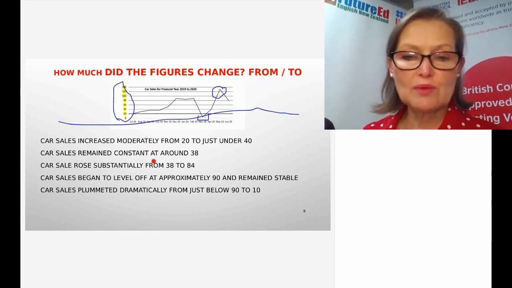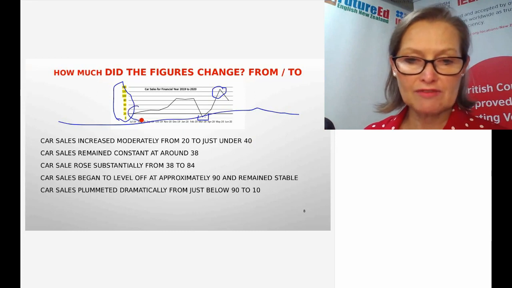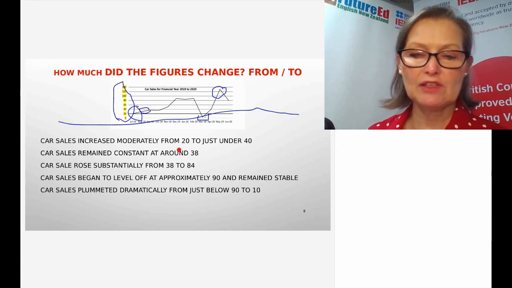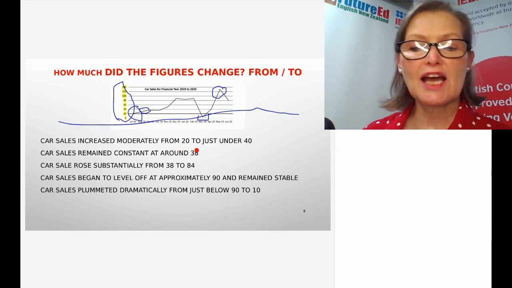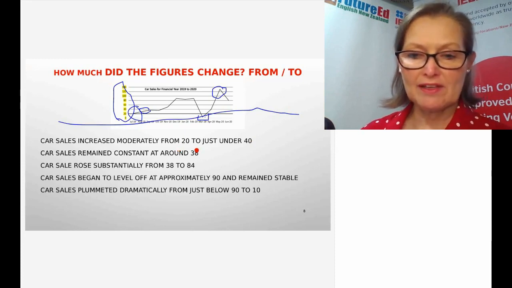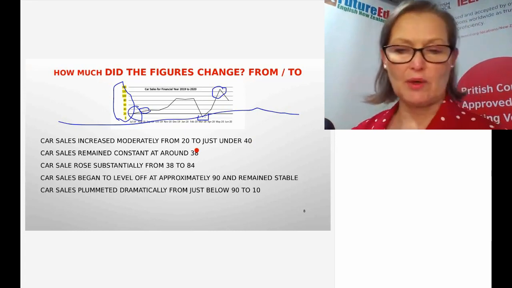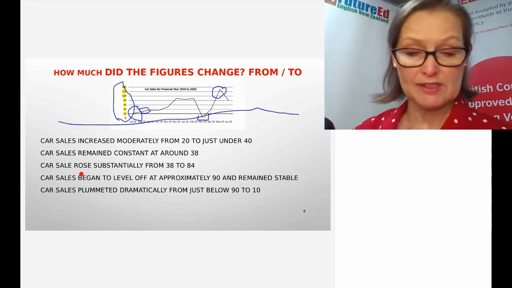Car sales increased moderately from 20 to just under 40. So there's my first point, 20, and my 40 is probably round about there. And have a look at how I've used that just under 40, because it's not exact, this gives me a few extra words.